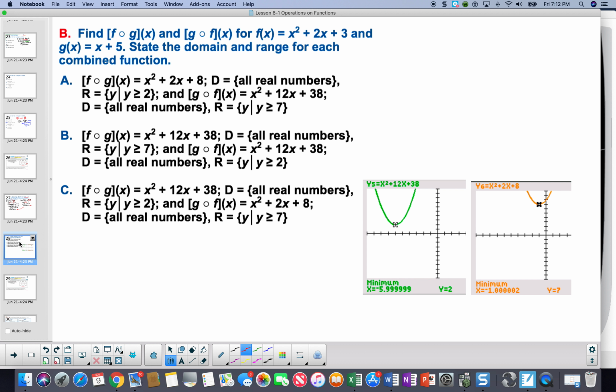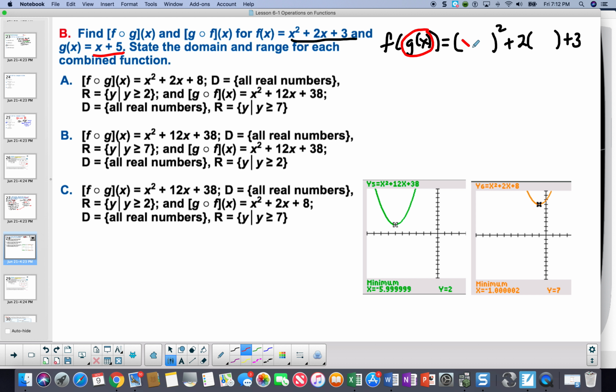Okay, I know this is still new, so I'm still going to continue to do a problem. We want to find f of g of x. So I'm going to do that first. I'm going to write f of g of x. And I'm going to take my f function, which is right here. And everywhere there's an x, I'm going to write parentheses. Okay, and then I'm going to put g of x inside, and this is what g of x is.